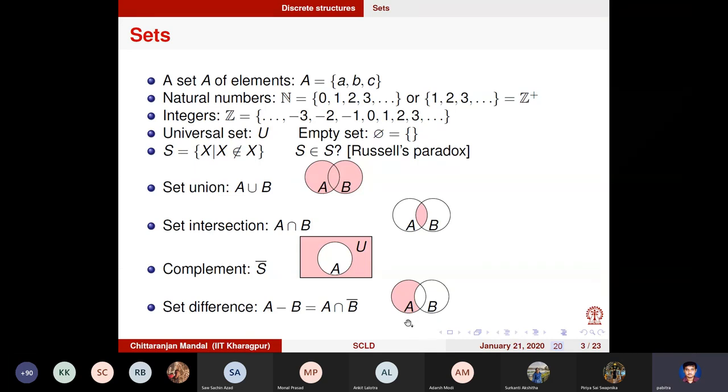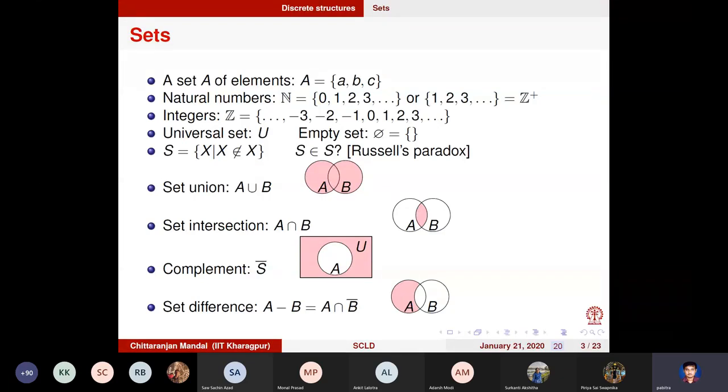This way, by combining several such operators and several such input operands, you can create what are called expressions, which are basically more complicated outputs. For example, you can have an expression A union B intersection C, where taking three input sets A, B, and C, you create a more complex set by applying these operators.